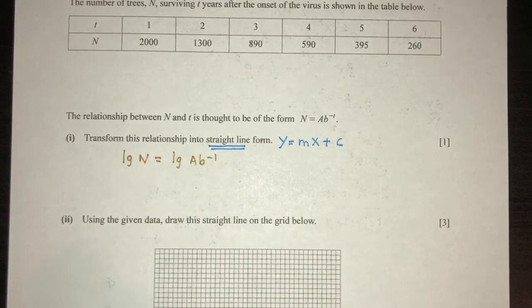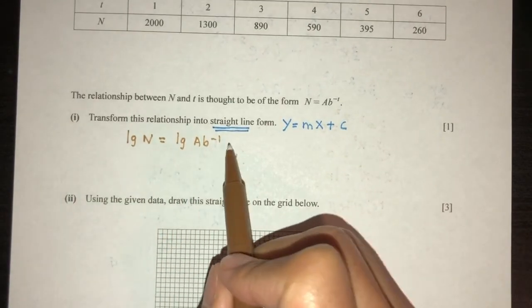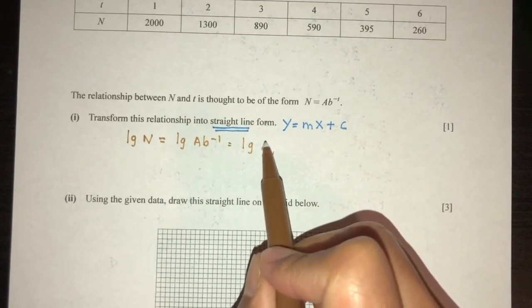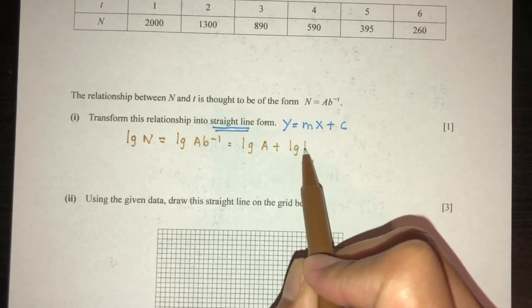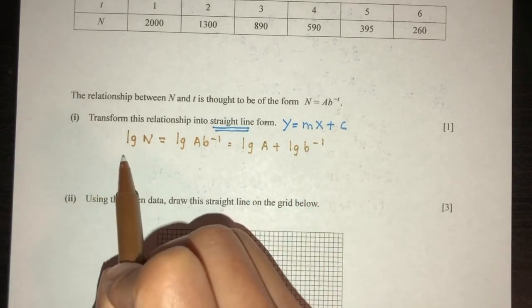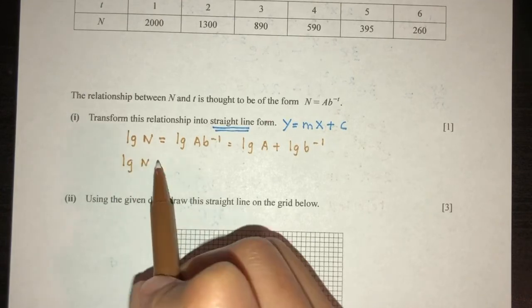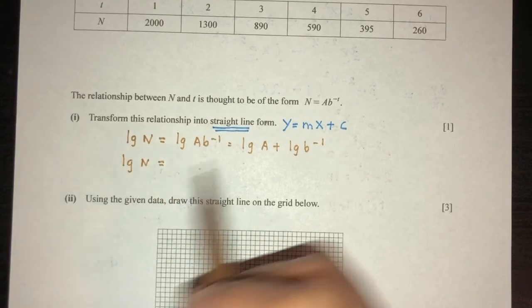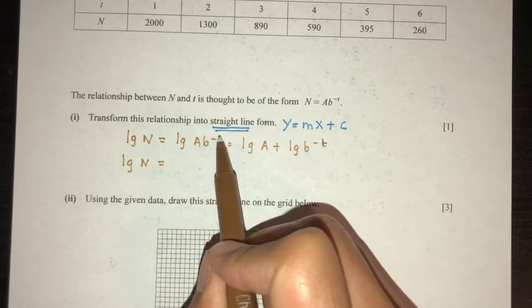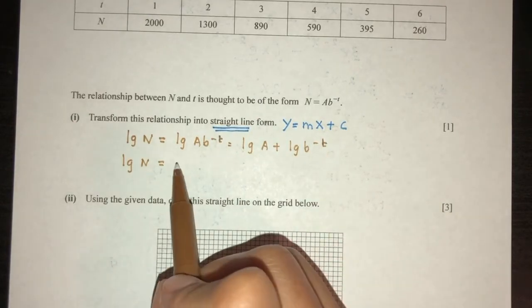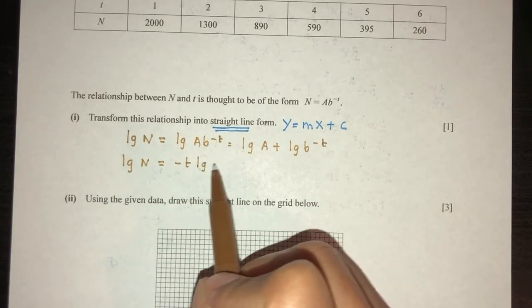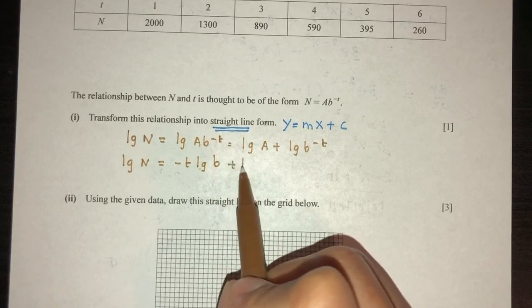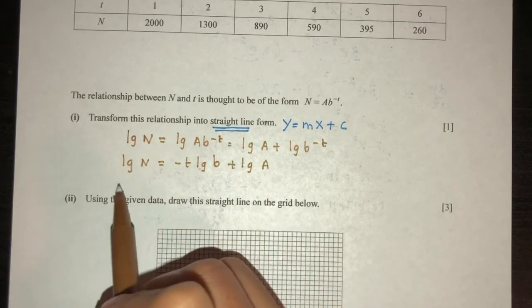So that will be this, and we have to expand this side. That will give you log of a plus log of b minus 1. Now you will have ln of this is equal to, this is minus t, okay, minus 1 minus t. That will be minus t log of b plus log of a. Now we can write this down.